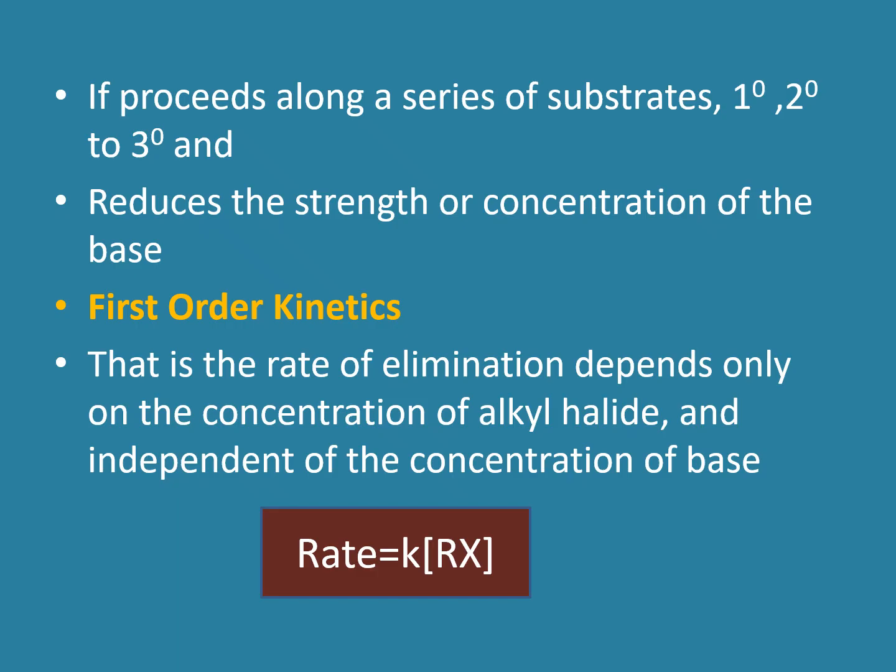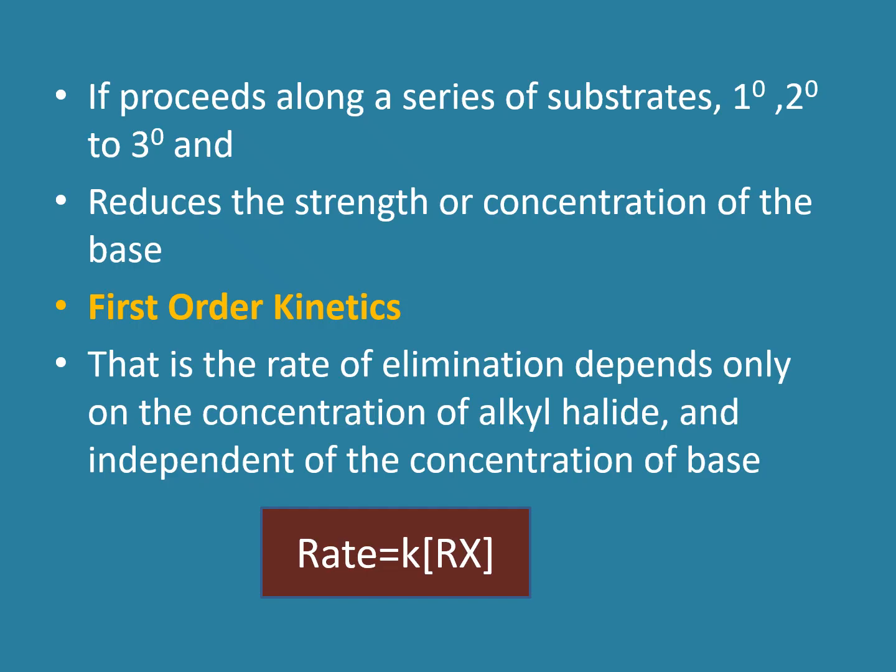And in general, this first order reaction is encountered only with secondary or tertiary substrates. That means secondary or tertiary alkyl halides, and if the solution where the base is either weak or in low concentration. In these two conditions, this dehydrohalogenation follows first order kinetics.